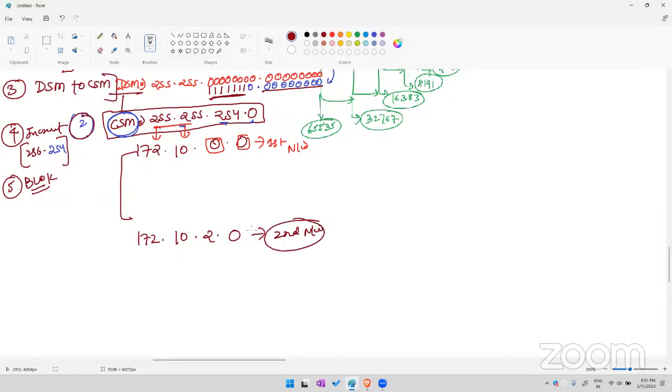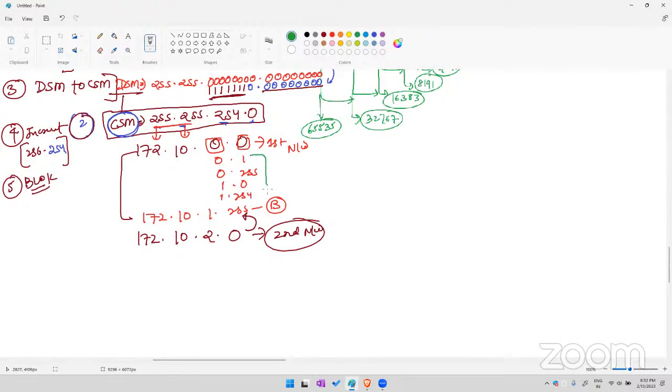But before second network 2.0, which value is coming for broadcast? 1.255. Very good. 172.10.1.255 is broadcast. Valid IP starts from 0.1, goes to 0.255, and 1.0 is also a valid IP until it goes to 1.254.